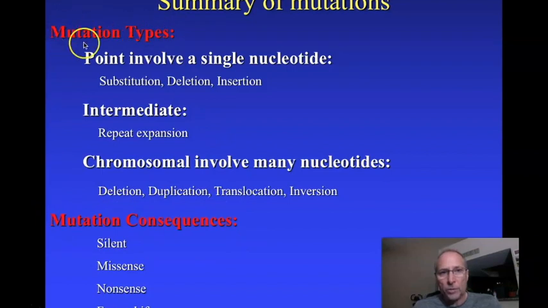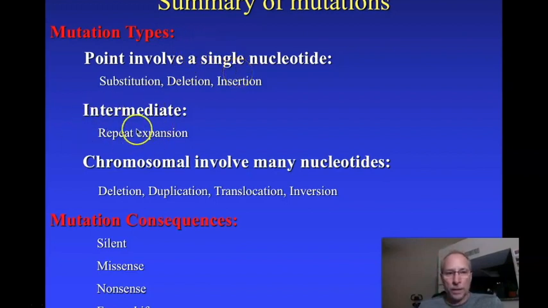The types of mutations we talked about included 3 different types. Point mutations, which involve only one nucleotide, this intermediate one, which involves a number of nucleotides, and then chromosomal changes, which involve a large chunk, anywhere between maybe tens of nucleotides to thousands to millions of nucleotides. The point mutations include substitutions, deletions, and insertions: changing one nucleotide for another, deleting one out of the sequence, or inserting one into the sequence.